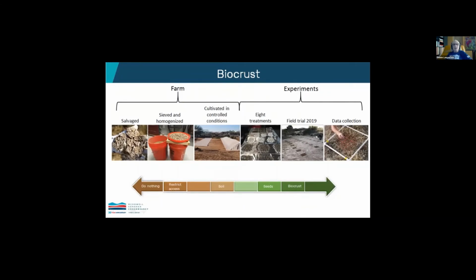So the goal of this project is to determine the best methods to cultivate Biocrust for use in restoration. Because Biocrust can take decades to grow, and because we can't just go out and buy some like we can with seeds, we had to develop a way to grow it quickly to use in rehabilitation efforts. We salvaged the Biocrust from the preserve before new trailheads were constructed. It was then sieved for homogeneity and grown in several controlled environments, including greenhouse, hoop house, and covered with shade cloth.